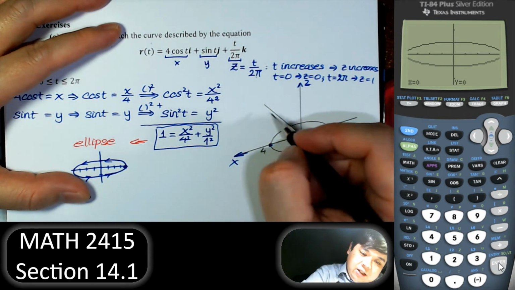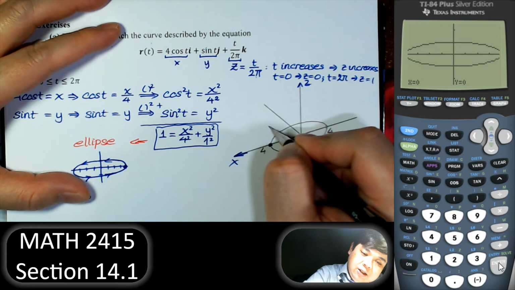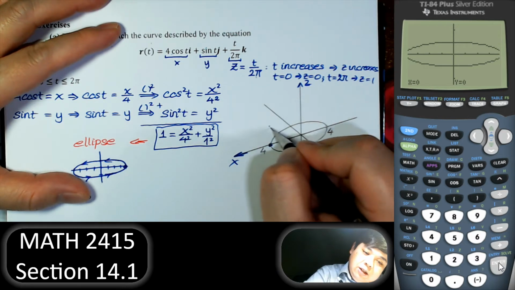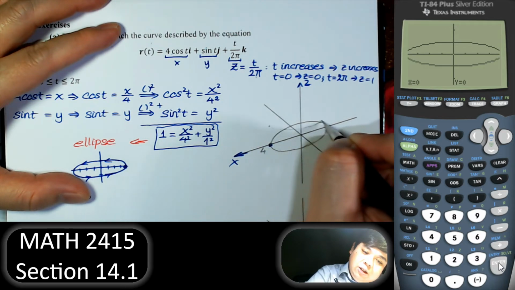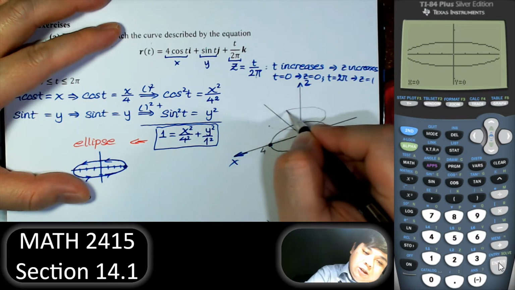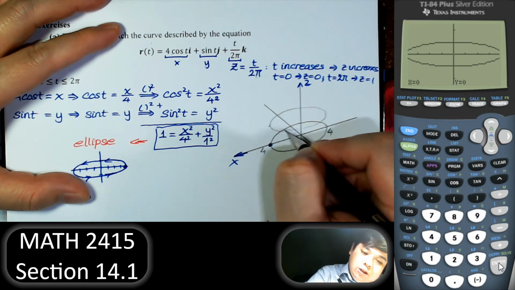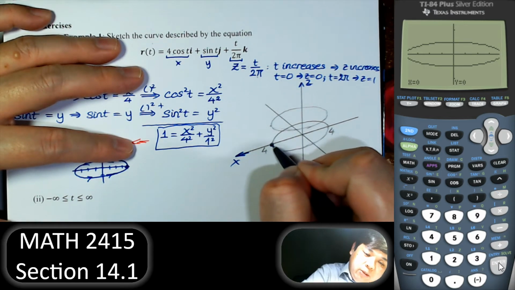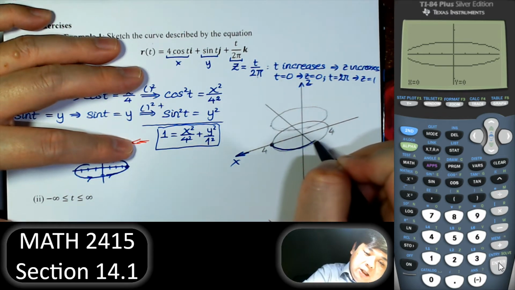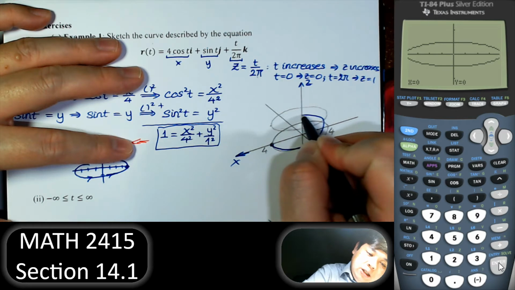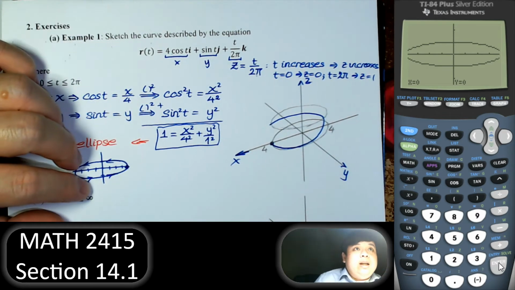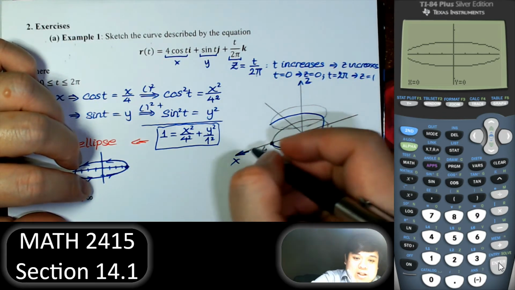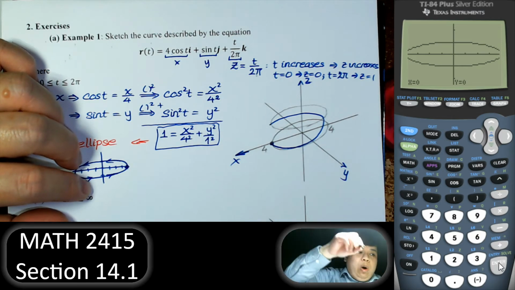Let's say there's another ellipse above that. The curve will go from here. It increases in height, and what we have is a spring.